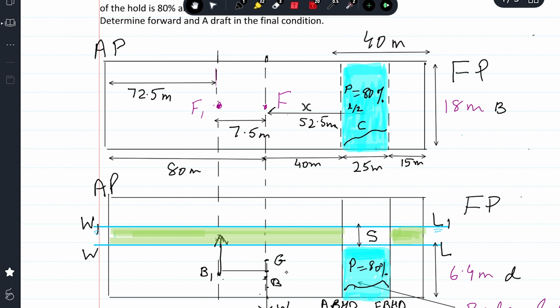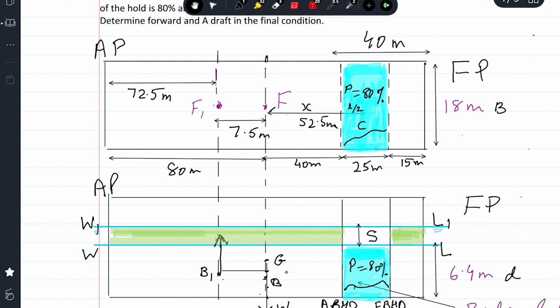Now the hold which is bilged is the forward hold, forward of the center of rotation. So there was a certain volume which was earlier providing buoyancy, but now is lost. It's no more part of the ship. So since the underwater volume is lost, the center of buoyancy, which is the center of gravity of underwater volume, has to change.